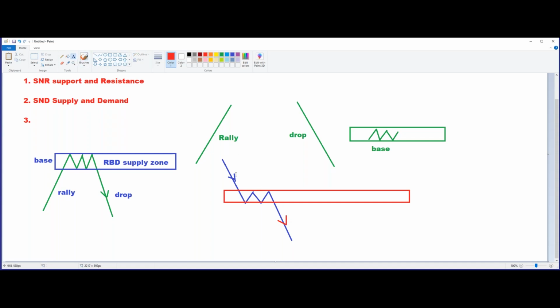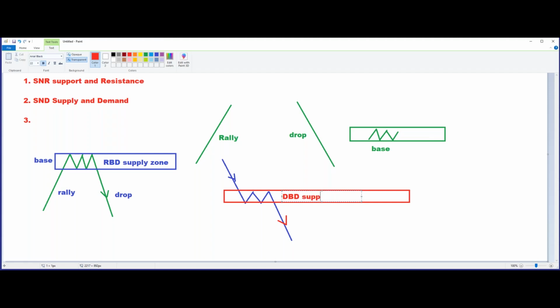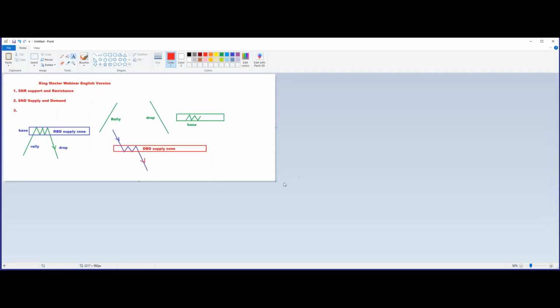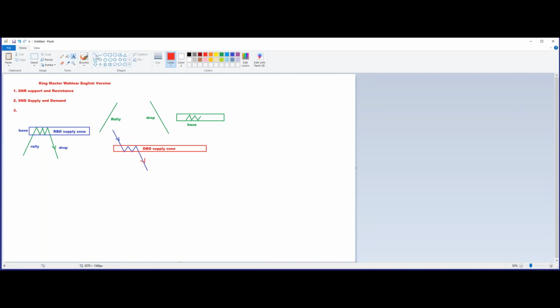So this is what we call drop base drop, also a supply zone. Okay, still okay, guys? Do you understand? It's quite easy, right? This is all basic, but we have to go through the basic. This is easy peasy. For the demand zone, you have a drop base rally, and then rally base rally.